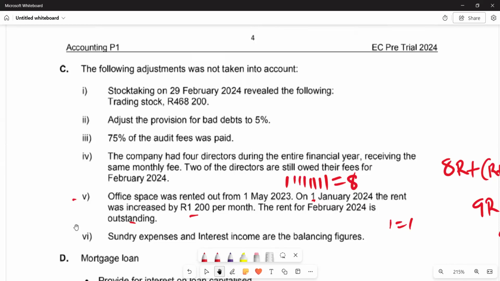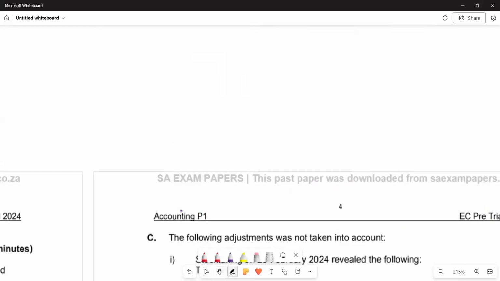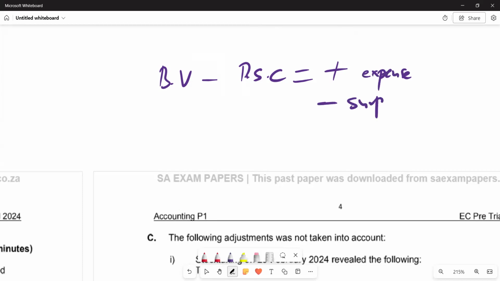So we can calculate it by saying book value minus the physical stock count figure. If the answer is positive, it represents an expense, which is a deficit. And when it's negative, it's a surplus. As simple as that. So when it's a surplus, it's an income.